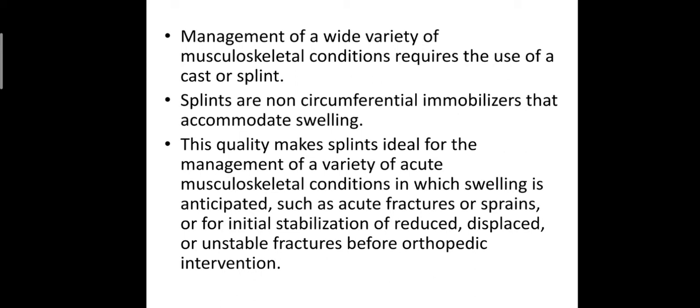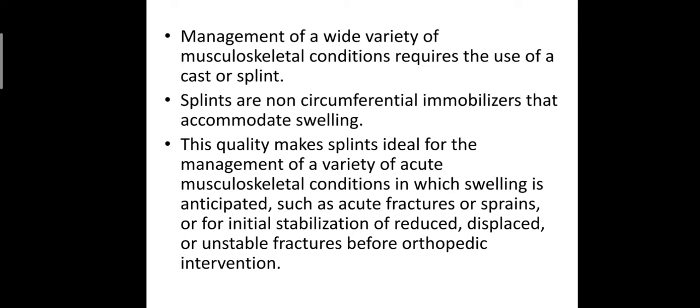This quality makes a splint ideal for the management of a variety of acute musculoskeletal conditions in which swelling is anticipated, such as acute fractures or sprains, or for initial stabilization of reduced, displaced, or unstable fractures before orthopedic intervention.